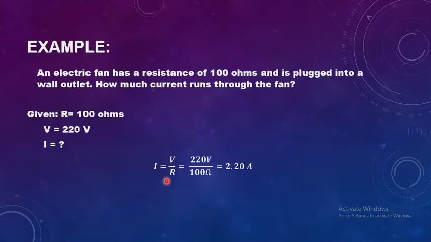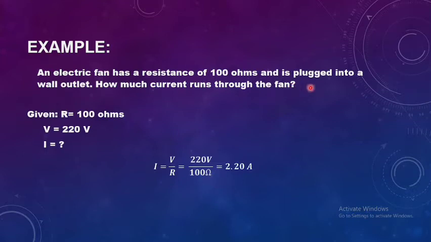So next, we have example number 2. An electric fan has a resistance of 100 ohms and is plugged into a wall outlet. How much current runs through the fan? So we have the given parameters of 100 ohms, and the voltage is 220 volts. As you observe in the problem, the voltage is not given.